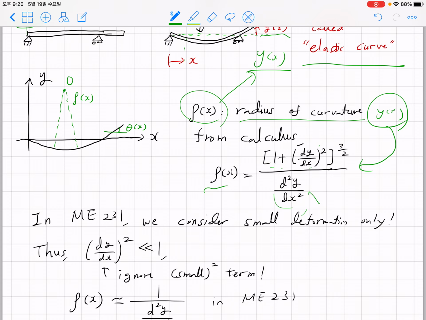Here both the second order derivative and the first order derivative will be very small, because in ME231 we'll consider only very small deflections. If the first order derivative is small and the second order derivative is small, the small thing squared will be much smaller than the small thing itself.